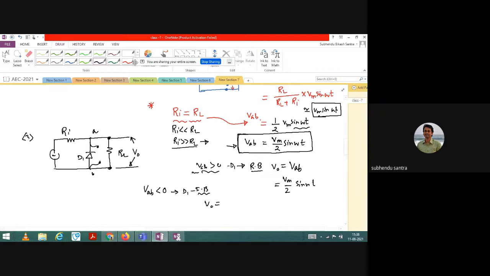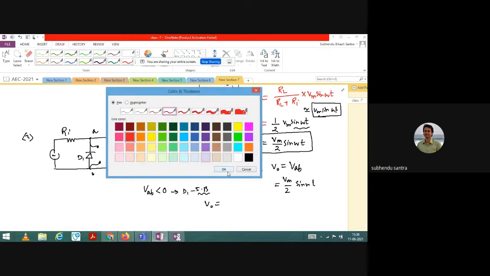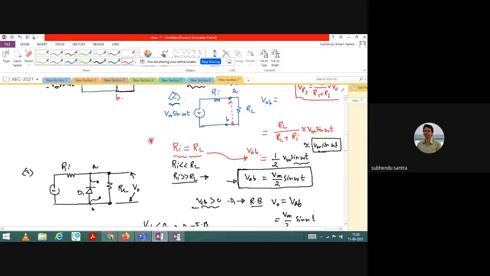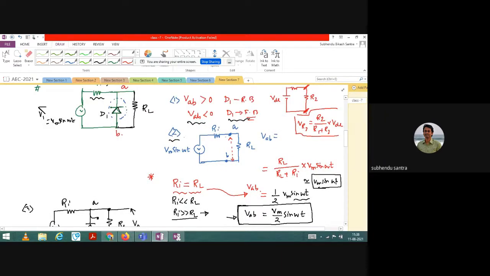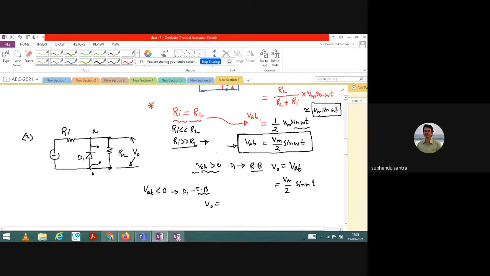See, during the reverse bias condition, I have drawn this VAB voltage for the open circuit case. But here, when it is forward biased, this diode is short circuited. That means the entire current is passing through it, and the voltage is basically 0.